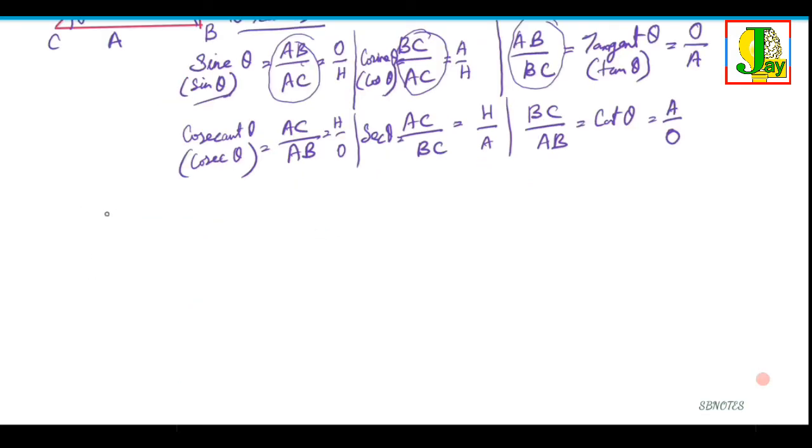So if we write all the ratios at one place, we have sin theta equals opposite by hypotenuse, or in some books you may find it as perpendicular by hypotenuse. Then cos theta, we have adjacent by hypotenuse.